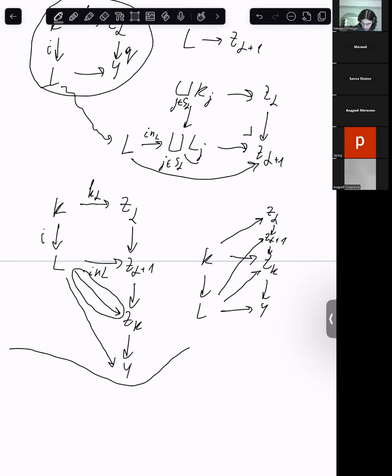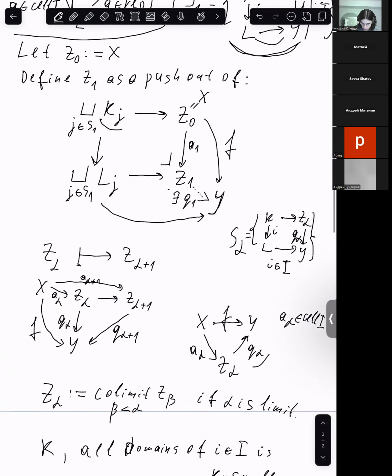And so we have a factorization of the type we want.